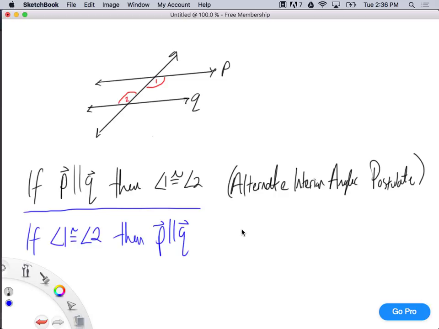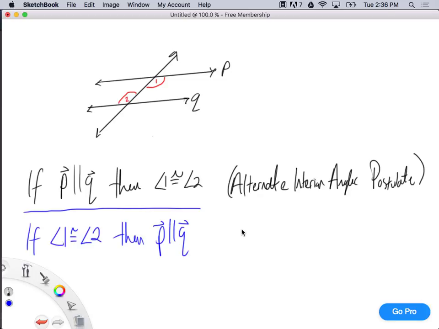What does lesson 3.3 say? What's the lesson called? Proving lines parallel. I'm proving that these lines are parallel. How? Because if these two alternate interior angles are congruent, then what must those lines be? Parallel. If these two angles are congruent, these two lines must be parallel.